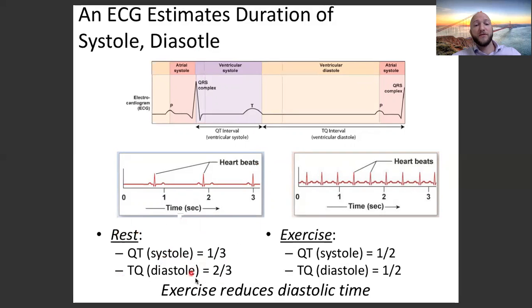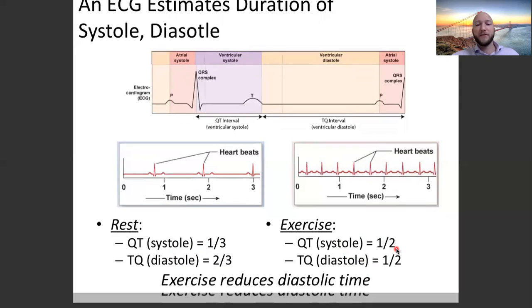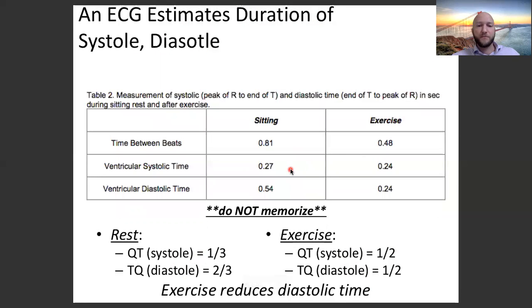That's because at rest, 2/3 of the time we're in diastole and 1/3 of the time we're in systole. When we exercise, the equation to calculate MAP actually changes to 1/2 systole and 1/2 diastole, because diastole, when we exercise, is only about half of the cardiac cycle, and systole is about half the cardiac cycle.